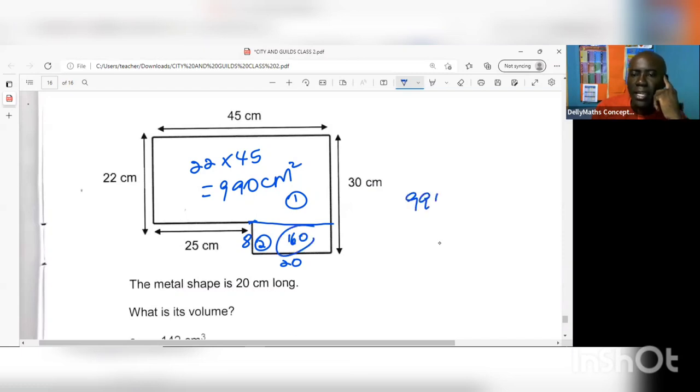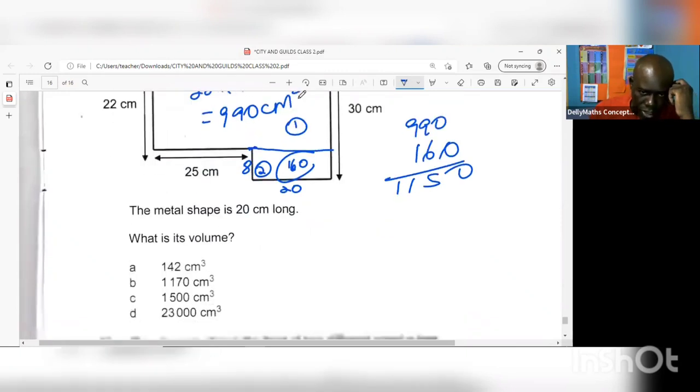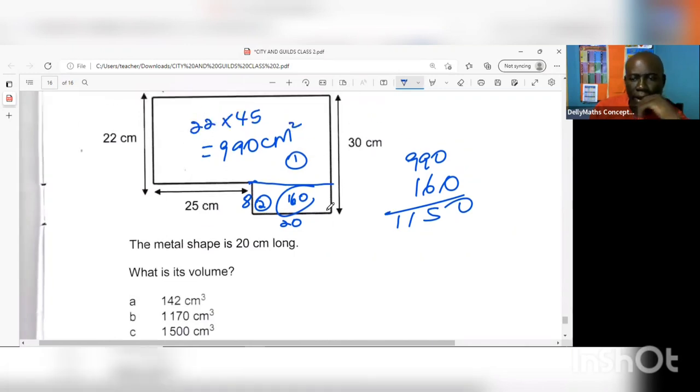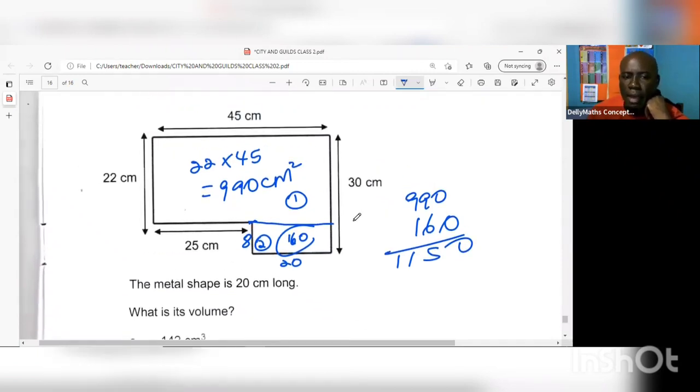So it's 990 plus 160, which is 1,150. All right, so that's the area. Remember they told us that it is 20 long. That means it extends like that, and this is 20.